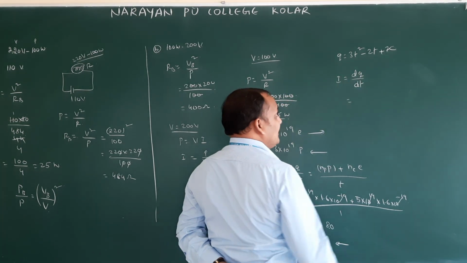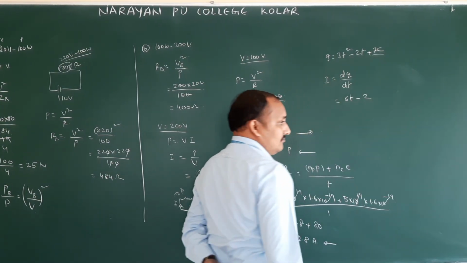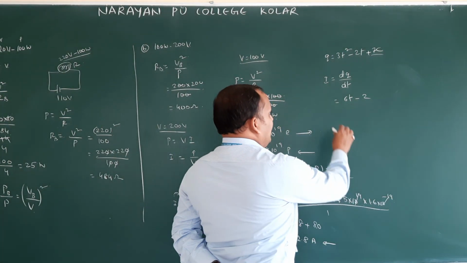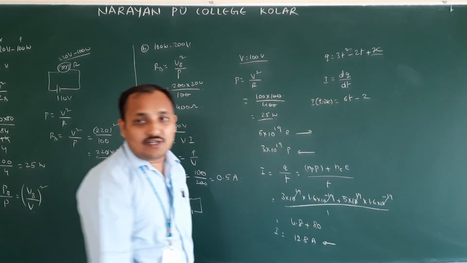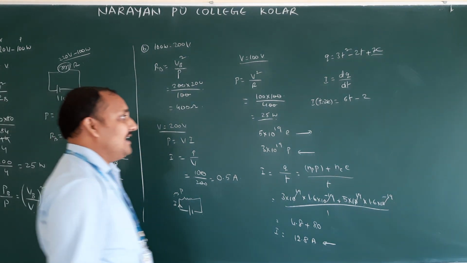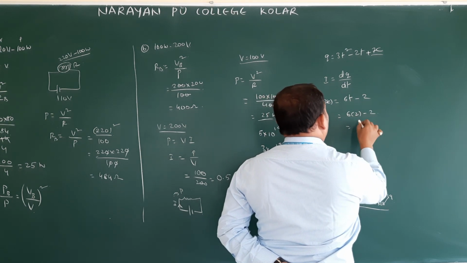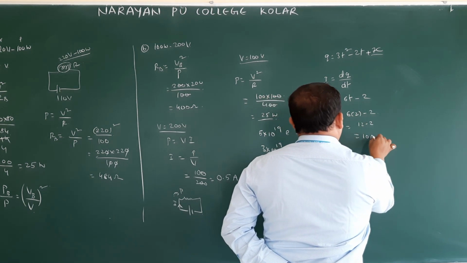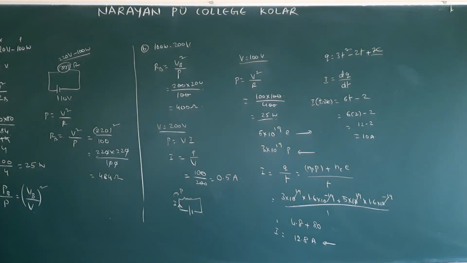You know differentiation very well. So 6t minus 2; this 7 is a constant, and the derivative of a constant is 0. They are asking the current at t equal to 2 seconds. Therefore 6 into 2 minus 2, 12 minus 2, so 10 amperes is the answer.